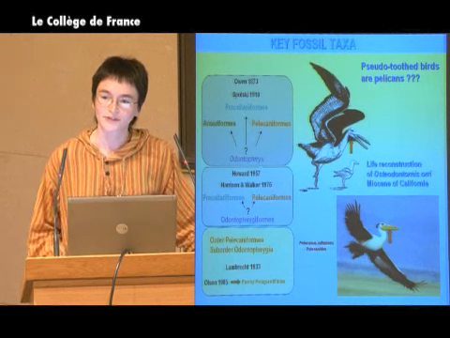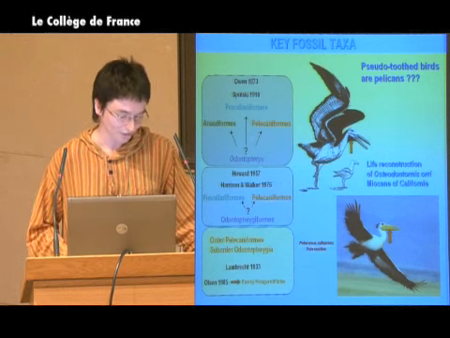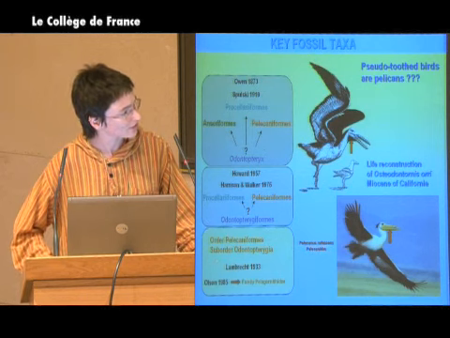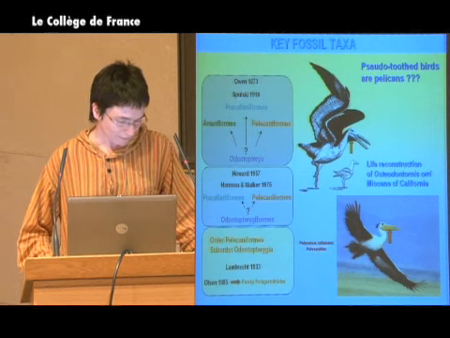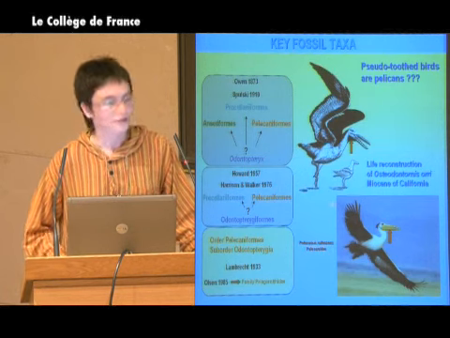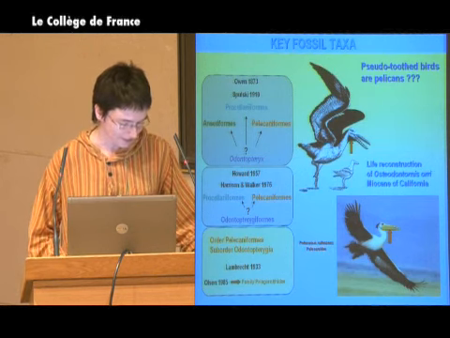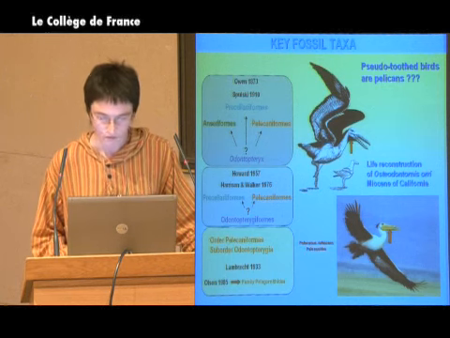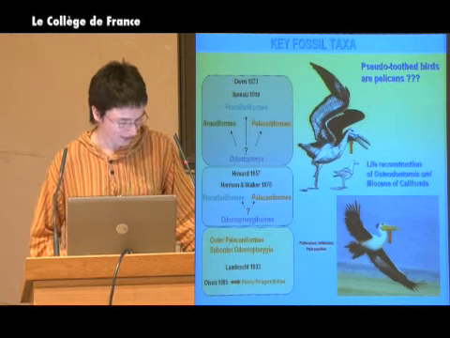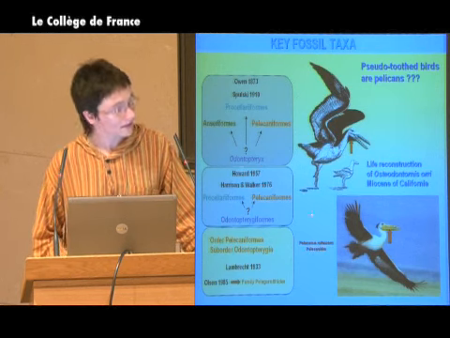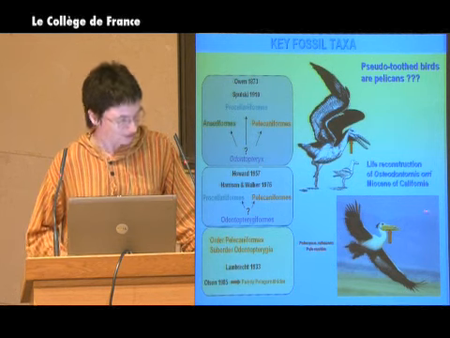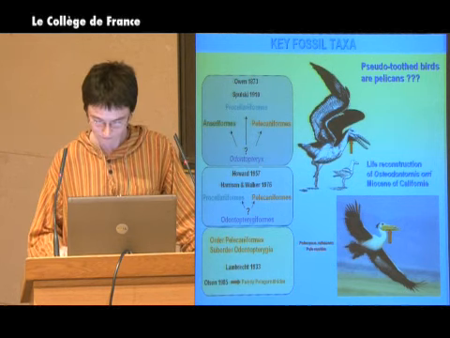In most recent studies, however, the false-toothed birds are referred to a single family, the Pelagornithidae, which is assigned to the pelecaniforms. And the reconstruction shown here follows this point of view. We can see that Osteodontornis from the Miocene of California is represented with a gular pouch here, which is similar to that of a pelican.